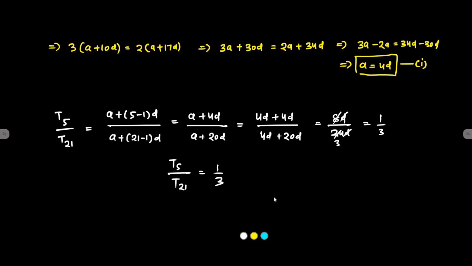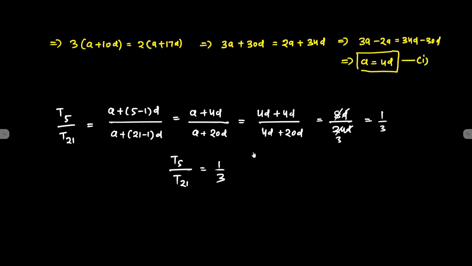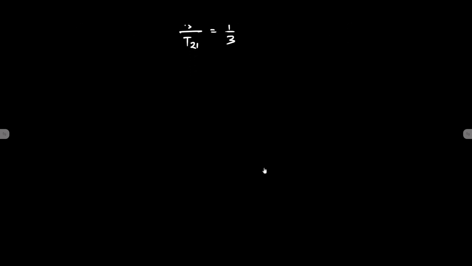Then it has been asked to find out the ratio of the sum of the first 5 terms to the sum of the first 21 terms. Okay, S5 by S21.